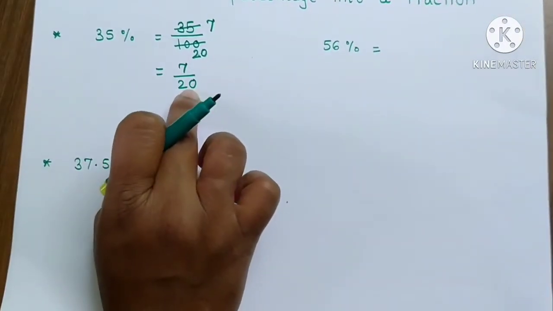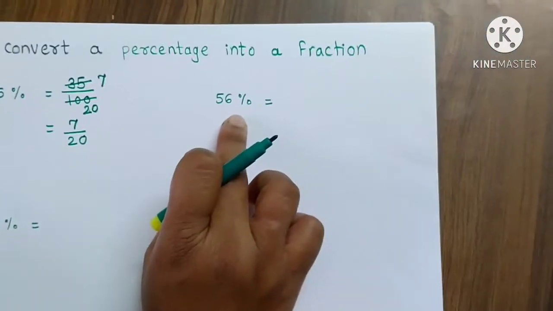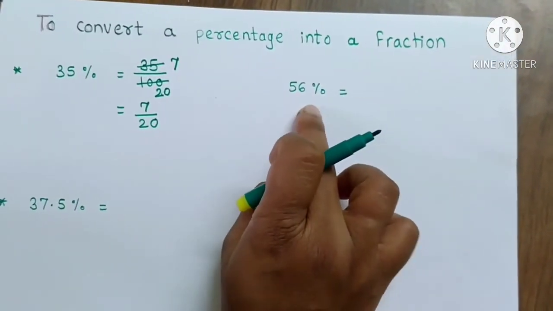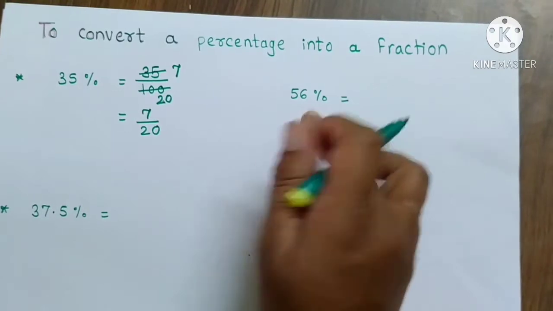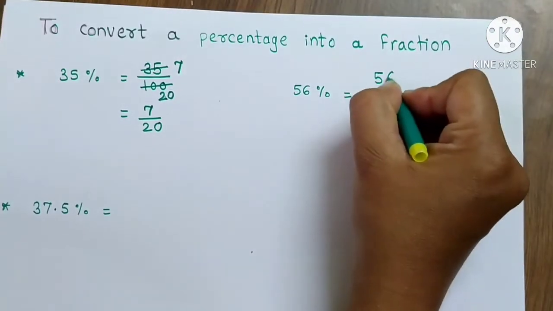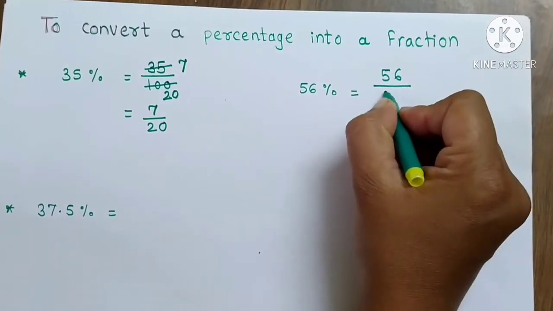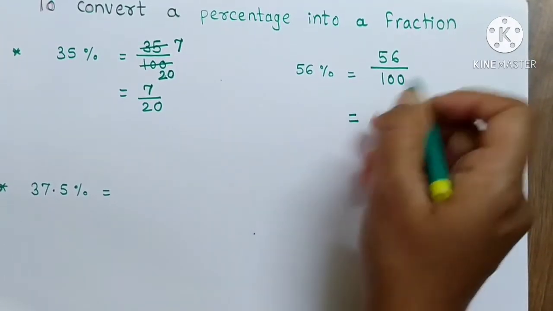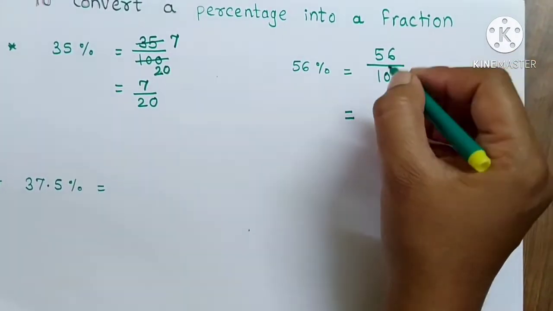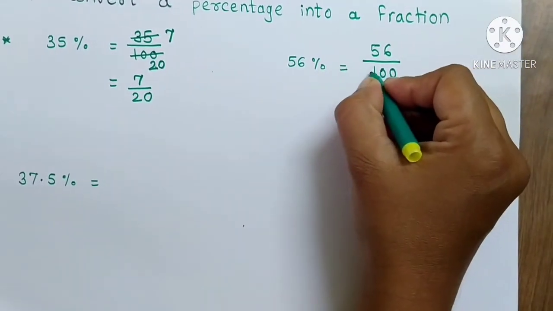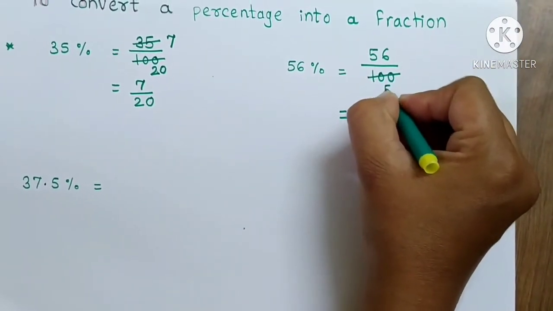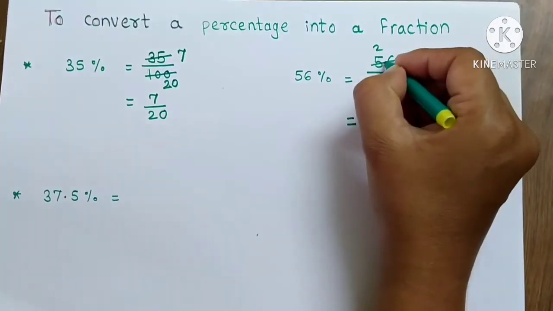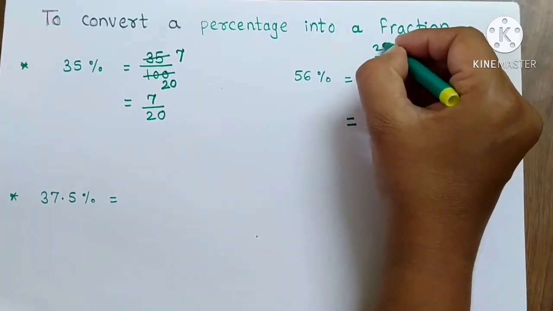Now second, 56. This is 56 in percentage, so we have to convert this 56 into the fraction. So write 56 upon 100. We'll divide this by 2. 2 5s are 10 and 0 as it is. 2 2s are 4. 2 8s are 16.